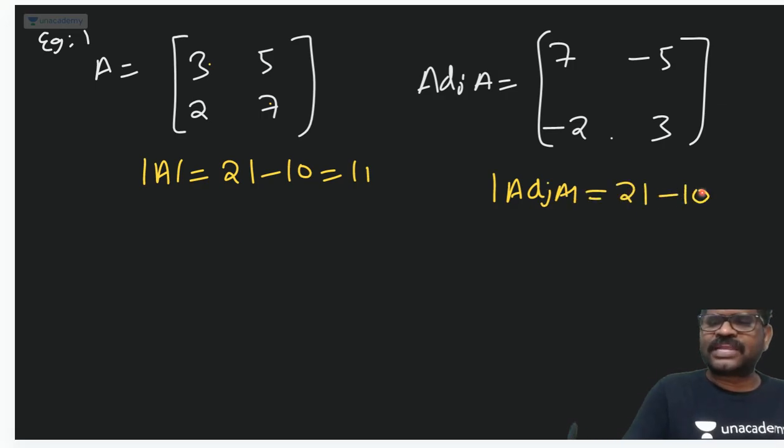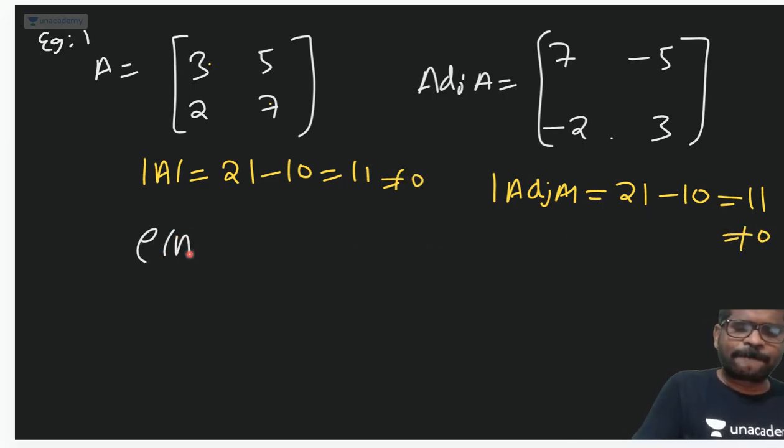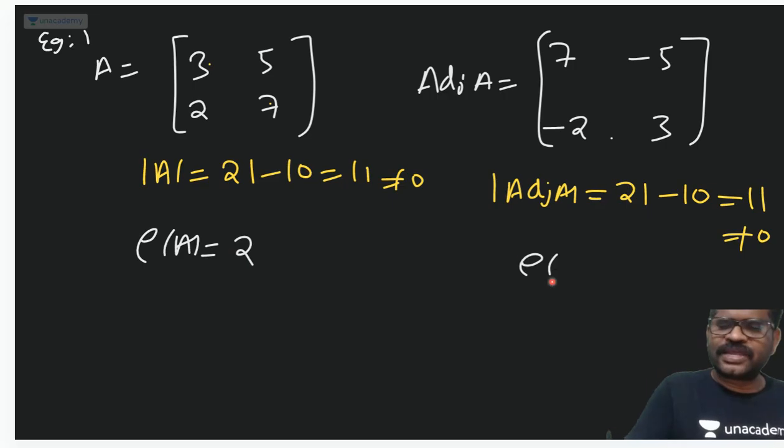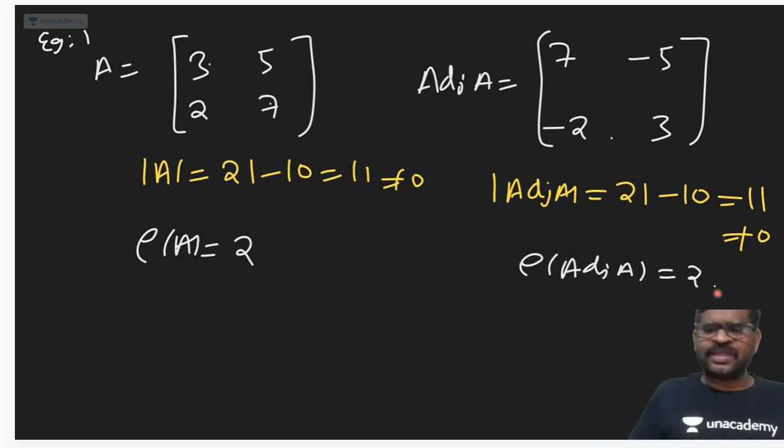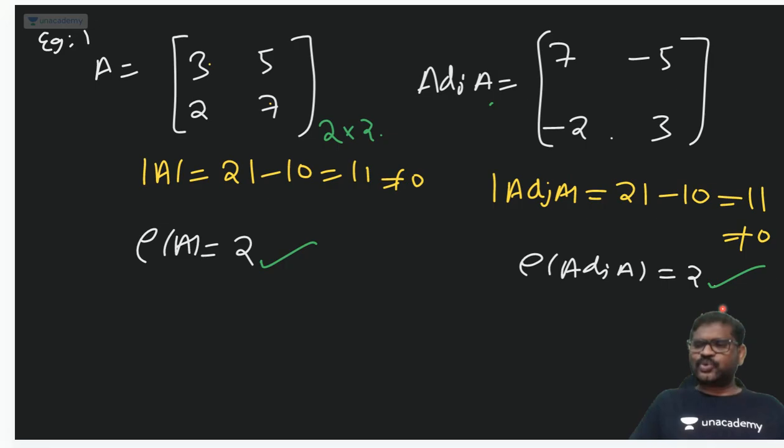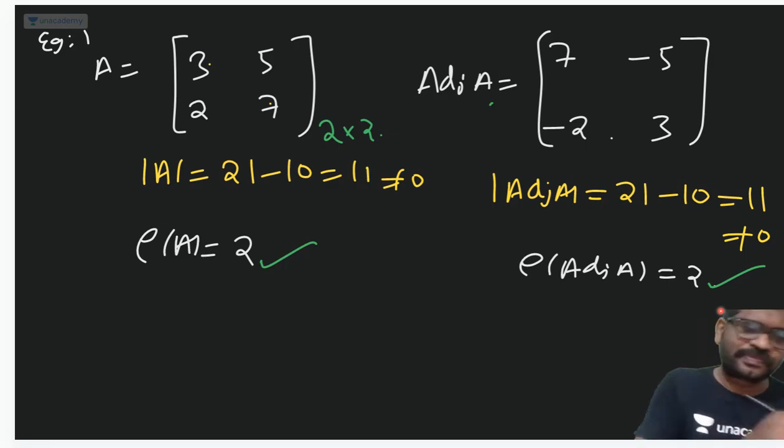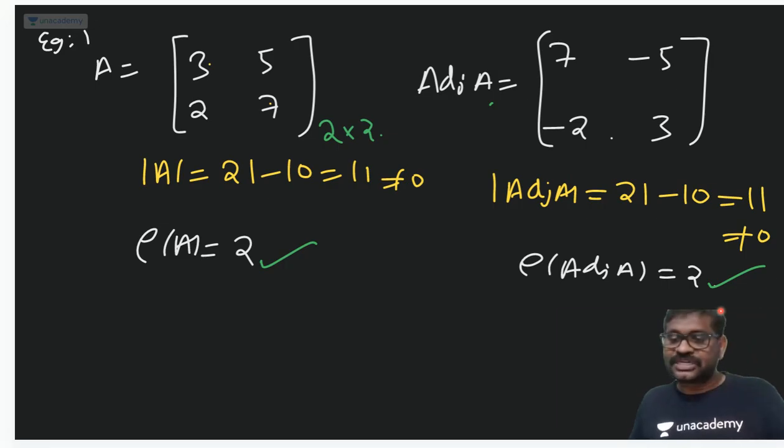Non-zero. What is rank of A? 2. Rank of adjoint A is also 2. Matrix is 2 cross 2 with rank 2, rank of adjoint A is also 2. Second example, 3 cross 3.